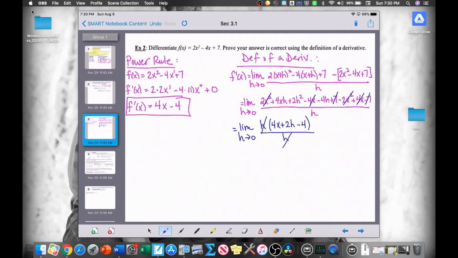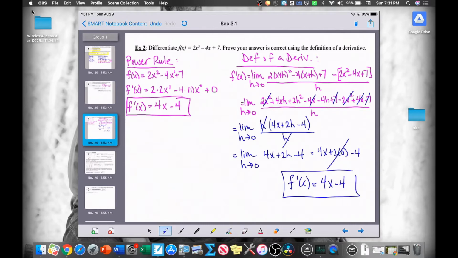The h's cancel. So this is equal to the limit as h approaches 0 of 4x plus 2h minus 4. And when we plug in 0 for h, we get 4x plus 2 times 0 minus 4. That term disappears, and we end up with f prime of x is equal to 4x minus 4.